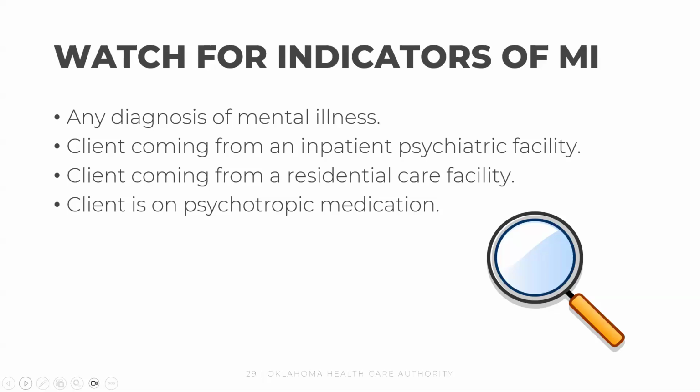If they are having a geriatric psych stay because of behaviors related to dementia, major neurocognitive disorders, or Alzheimer's, unless they also have a coexisting major mental illness, then they would not require a PASR. Most likely, if they're coming from an inpatient psychiatric facility, they would require that level two PASR, which again needs to be completed prior to your admit.